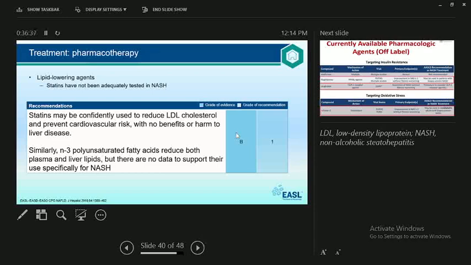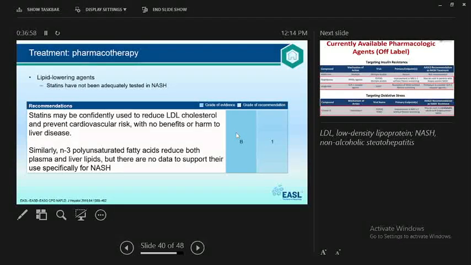However, statins may be confidently used to reduce LDL cholesterol and other cardiovascular risk factors in NASH, NAFLD, or steatosis. Therefore, don't be reluctant to start or continue statins in a patient with NAFLD or NASH.